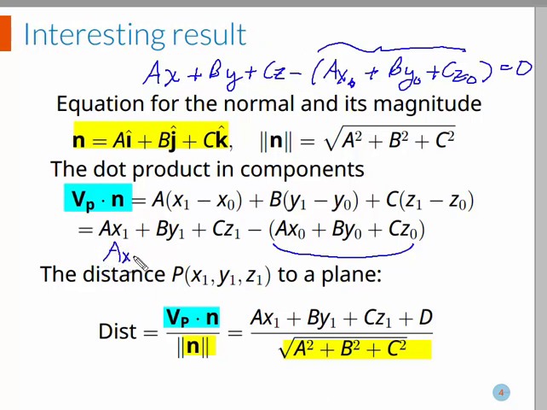So we would have a x1 plus b y1 plus c z1, and this was often abbreviated d, actually with a negative sign in it, so it's plus d. You've got to watch out where people put that d. We can use the same d that we had for the equation for the plane itself. That goes here. The other terms are very similar to what we've seen for the equation for a plane, except the x, y, and z pertain to a point that is not in the plane.